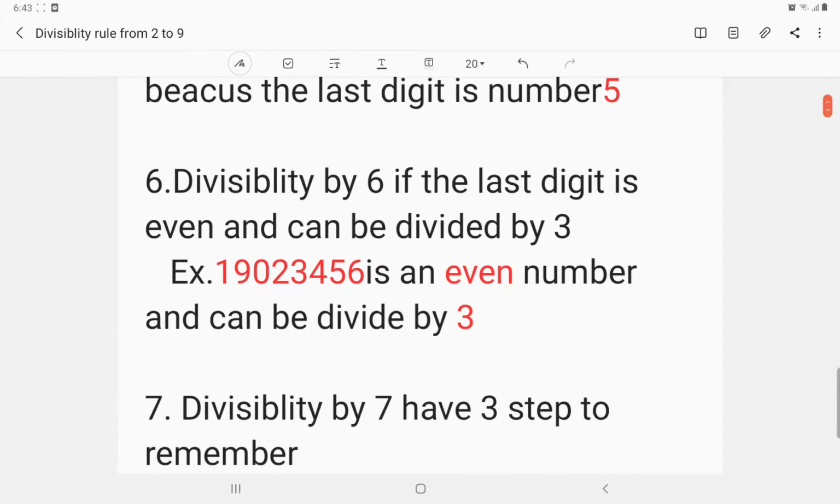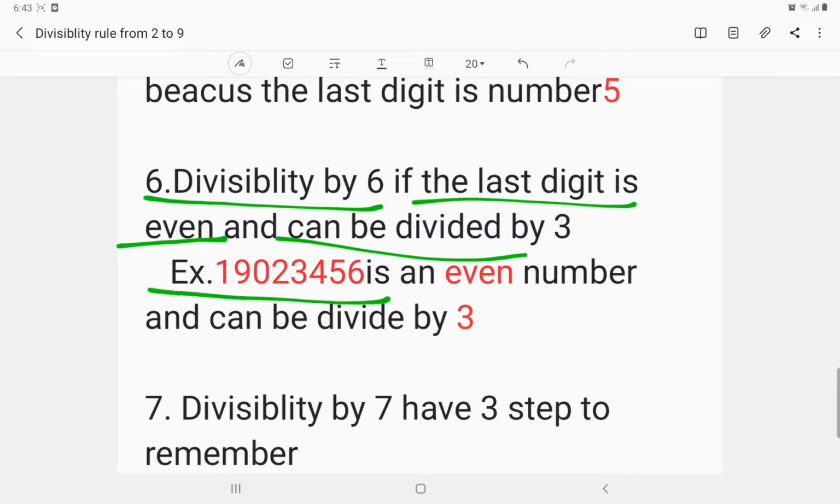Divisibility by 6 has two steps. The first step: the number is even. The second step: it can be divided by 3. So this number is even, right? 6 is even, right? And can 6 be divided by 3? Yes, 6 can be divided by 3.